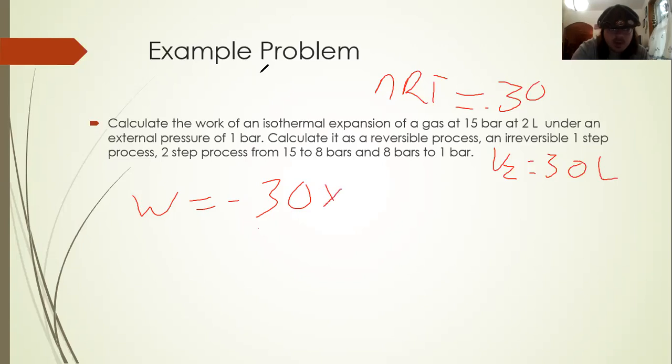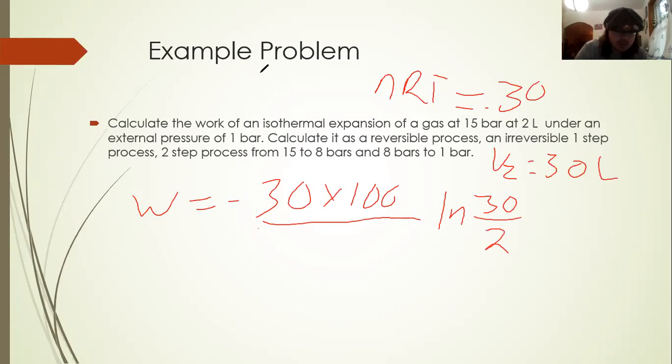Still have to multiply by 100 to get that into joules, ln Vf over Vi, ln 30 over 2. So 30 times 100 times ln 15.